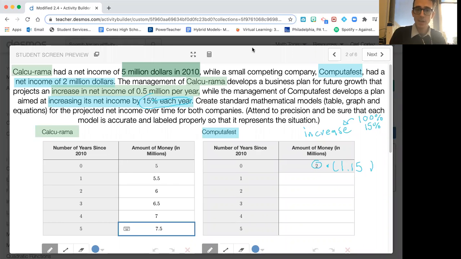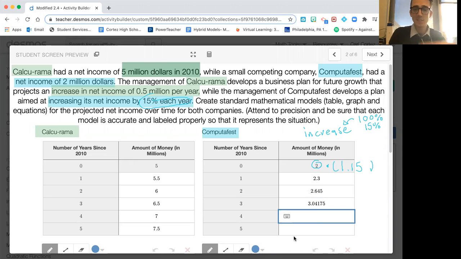So on my calculator, I'm going to take this further. 2 times 1.15 is 2.3. If we take that further, multiplying again by 1.15, 2.645. Take it further, times again 1.15, 3.04175.